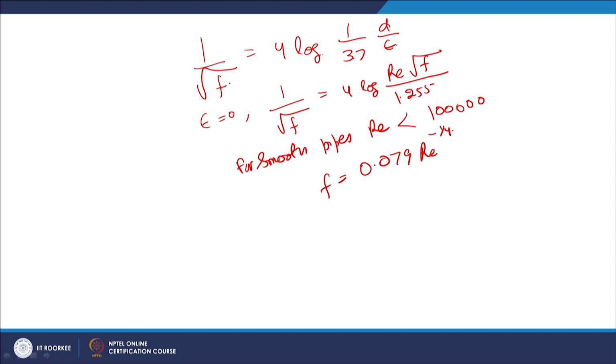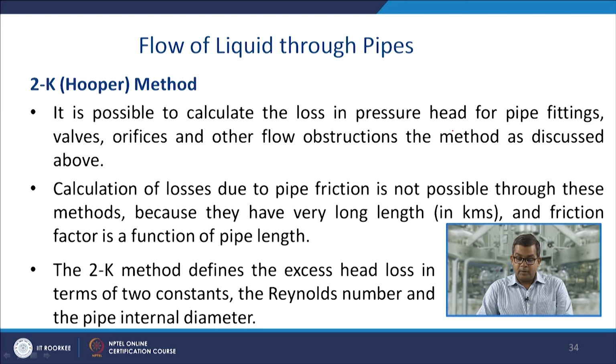Now while considering the flow of liquid through pipes, let us take the 2K or Hooper model. It is possible to calculate the loss in pressure head for pipe fittings, valves, orifices and other flow obstructions. This method applies for this one. The calculation of losses due to pipe friction is not possible through these methods because they have a very long length, even in kilometers, and the friction factor is a function of pipe length.